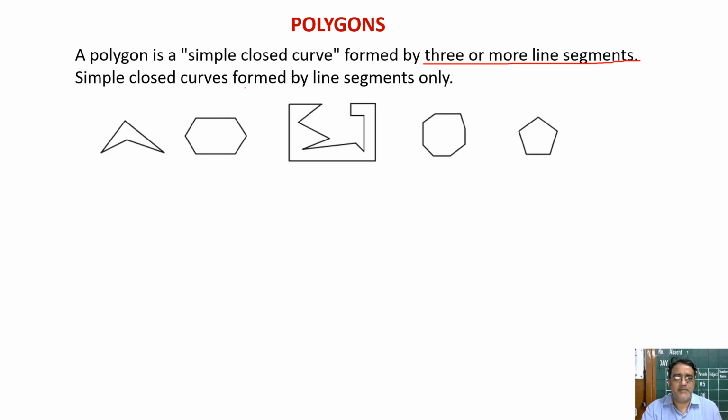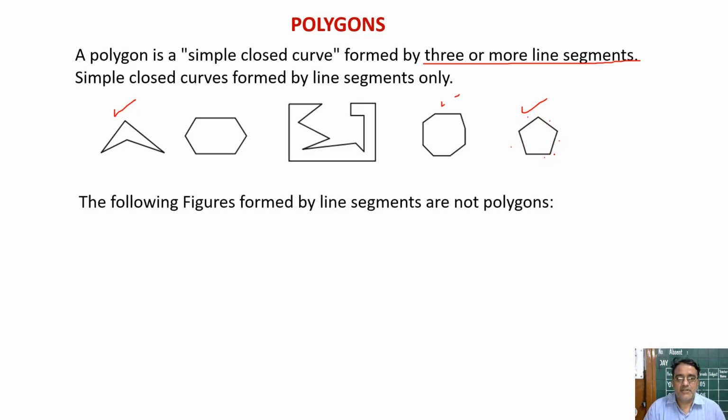These are all made up of line segments. इसमें 1 2 3 4, इसमें 1 2 3 4 5 6, here 1 2 3 4 5 6 7 8 10 11 12 13 line segments हैं, and here 1 2 3 4 5 6 7 8, and here 1 2 3 4 5 line segments are there.